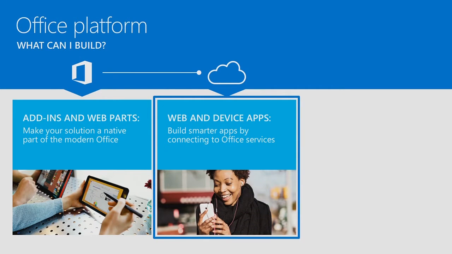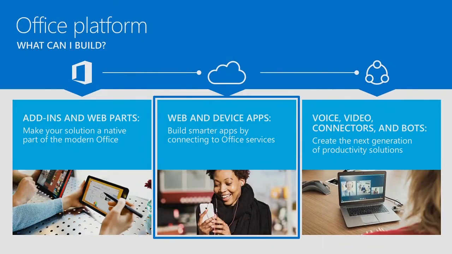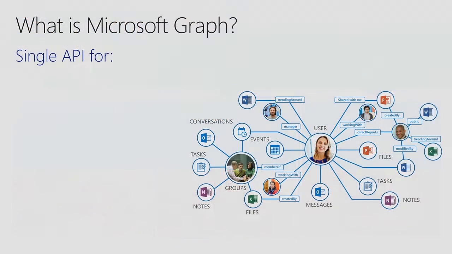This is really where the graph tends to shine: third-party web apps, internal web apps, or mobile apps, things on your phones or your iPads. And then there's voice, video, connectors, and bots, the everything-else silo, if you will. Again, the graph can be used here, but maybe not so much.